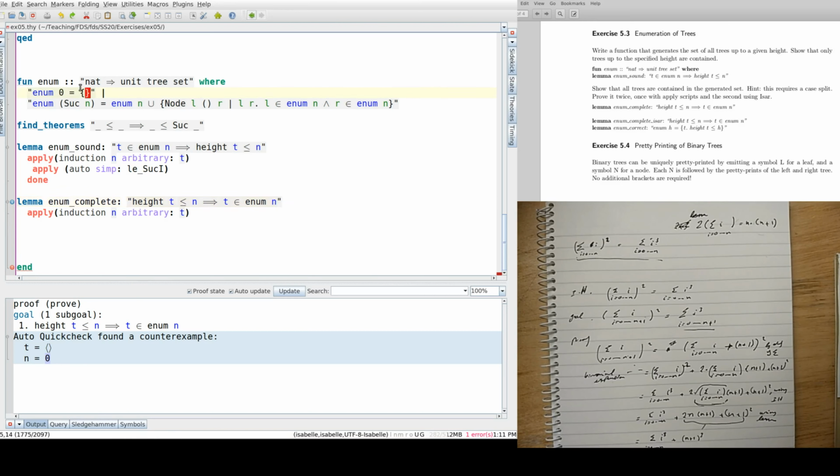Okay. So now let's do the proof again and see what happens. So this proof, I can just spoil it for you. It will need a case split on the tree, a type-based case split. But let me show you why firstly.